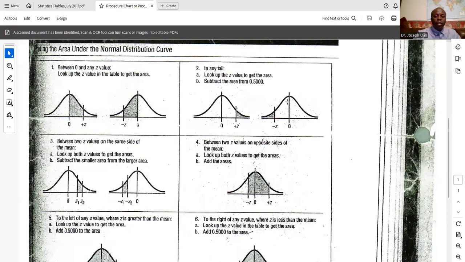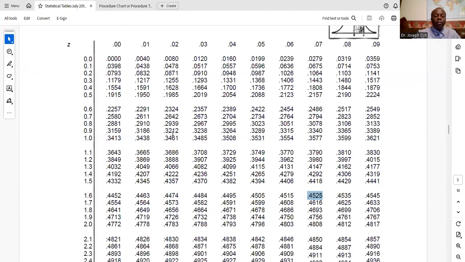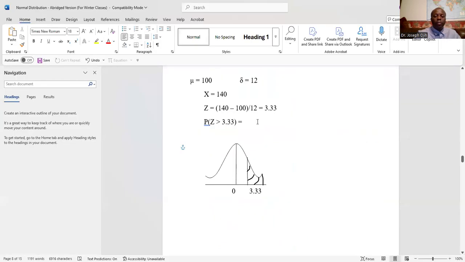This one is on the tail. It says, look at the Z value to get the area, subtract the area from 0.5. So what area are we looking for this time around? It is 3.33.